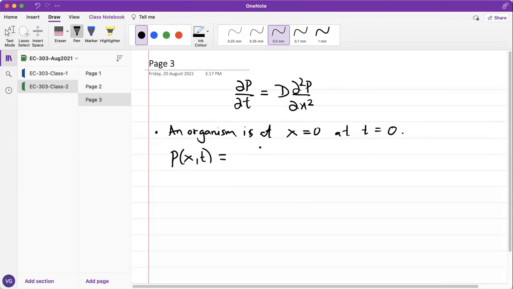Okay, so I will just write down the solution for this. This is called an initial value problem. We have a partial differential equation. I have given you an initial condition, and I am assuming that X and T can go to infinity. So this has an exact solution.